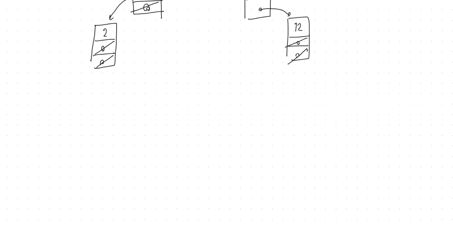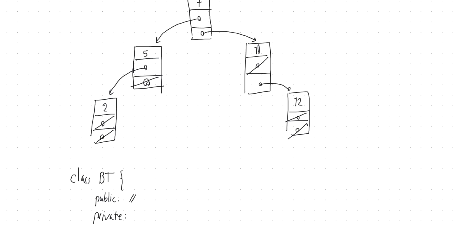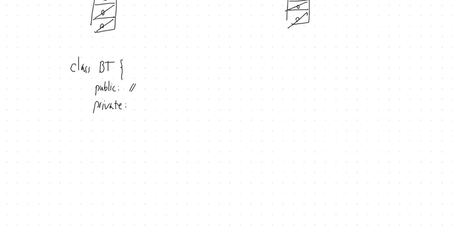Now if I want to show you how this is done in C++, you will have a class called binary tree, for example. And then there are some public members, the functions that we will talk about in later videos. But then in the private section, similar to linked list, you need to define what a node is. So in this section, we can define another class that I'm going to call tree node.